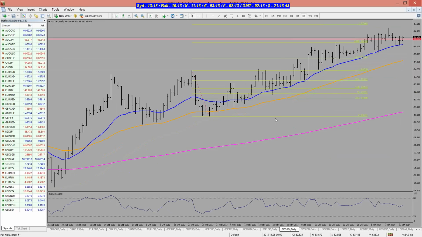Kiwi yen. It's just really going sideways, isn't it? It's been cycling off the 20, and I know some of you guys might get interested in that, but that's a doji bar, which is not something you'd trade off as it's complete indecision.